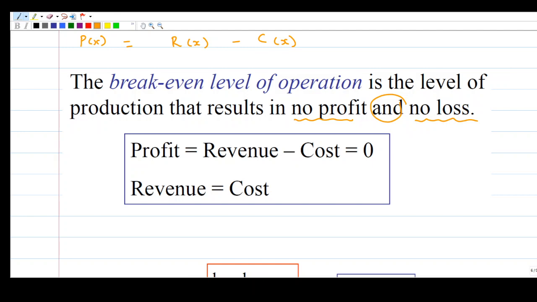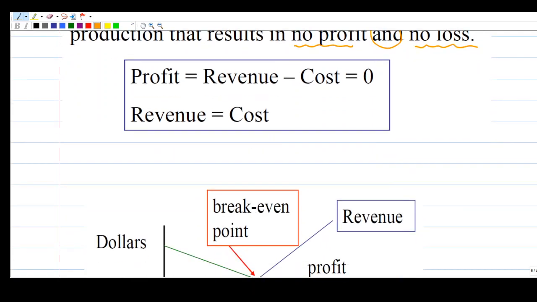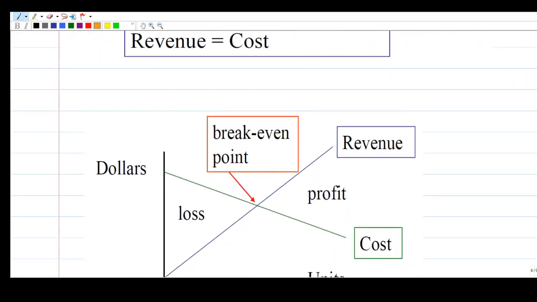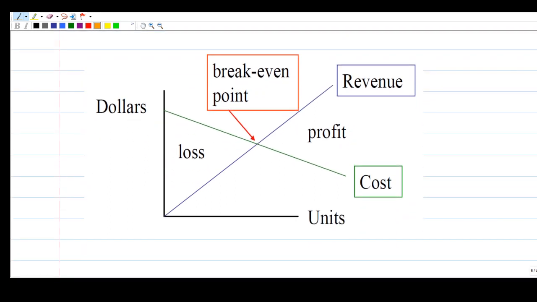Diagrammatically, you've got the number of units that are produced on the horizontal axis. Your vertical axis is the price in dollars.